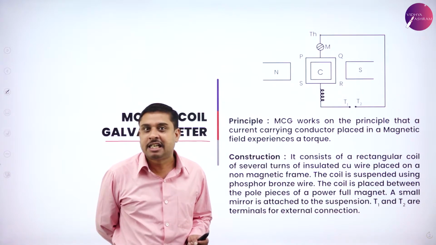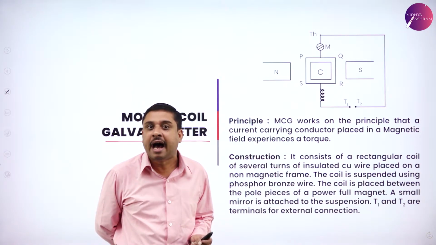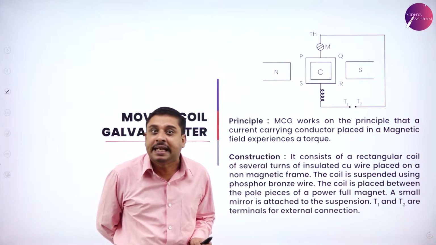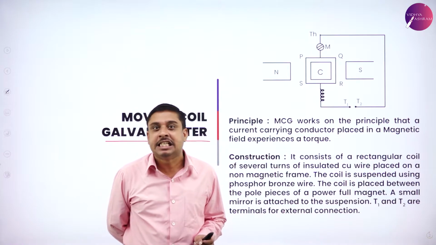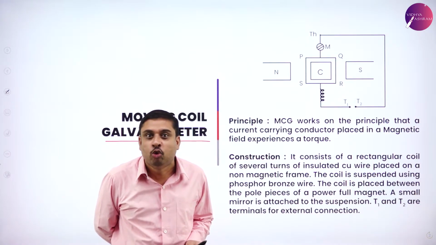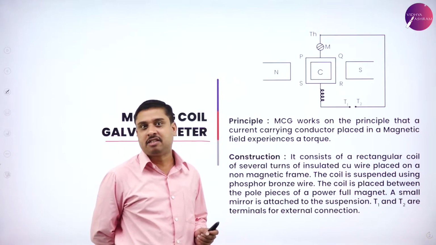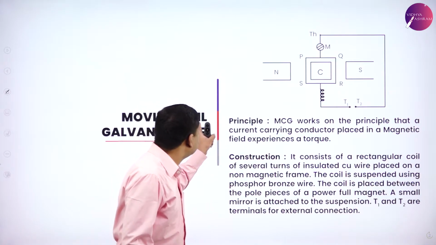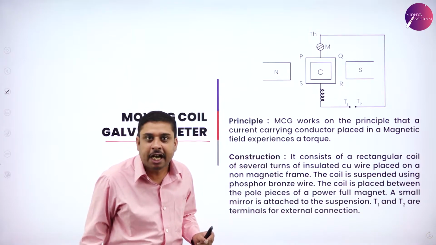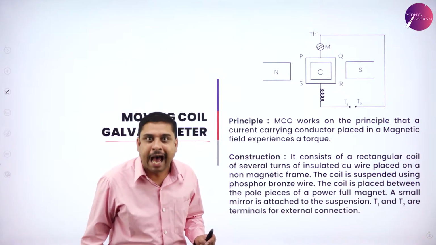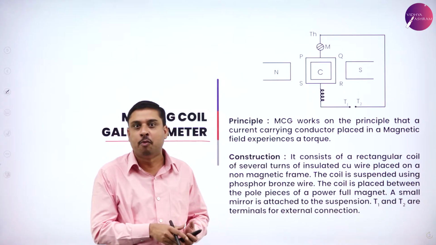To measure the strength of the current, we require an ammeter. So a galvanometer is basically used to check the presence of current, and this is a special type of galvanometer that we call the moving coil galvanometer.